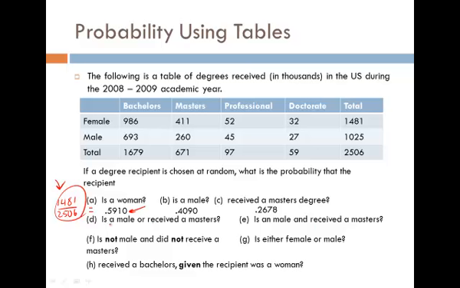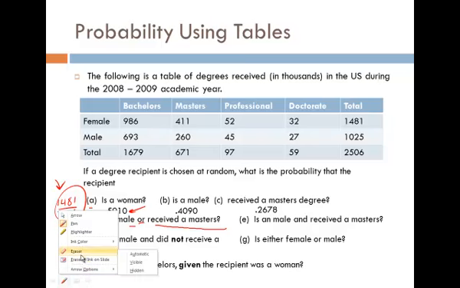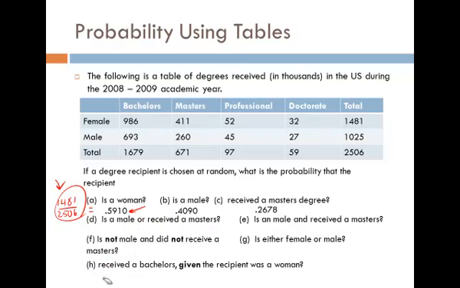All right. Male or received a master's degree. There were that many people that were male, 1025, and that many master's degree candidates, 671.